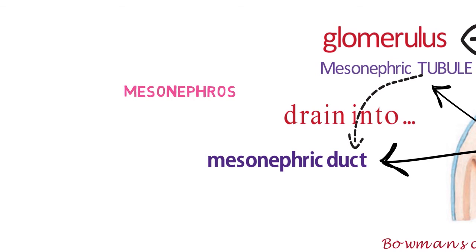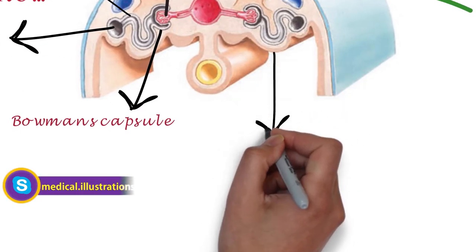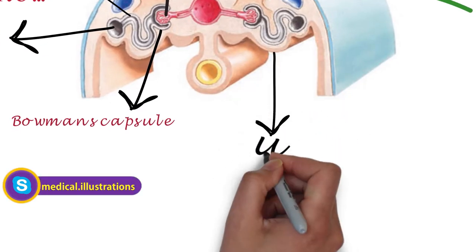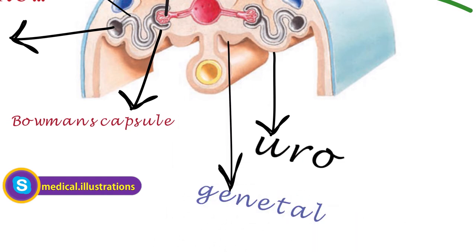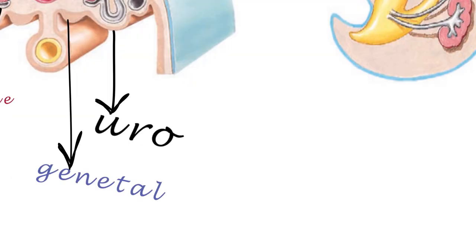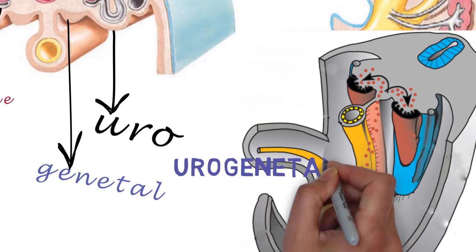Now we talk about some ridges which are important. Please appreciate in this diagram that this is a uroridge and this is a genital ridge. These two ridges are close and very much approximate, so together they are called urogenital ridges.